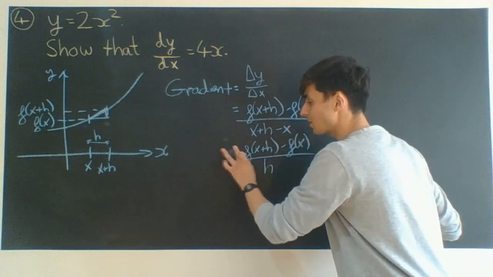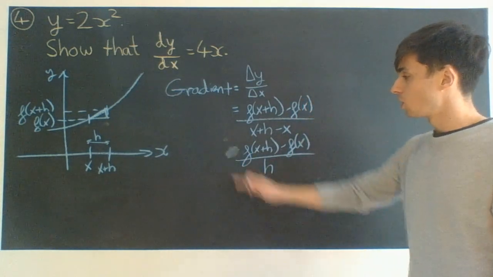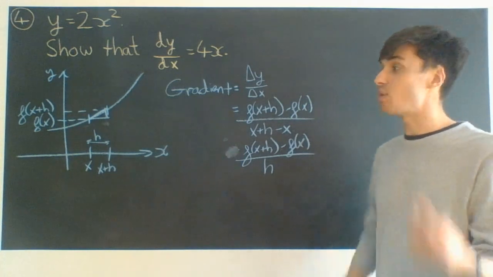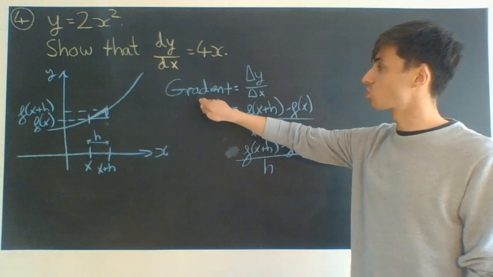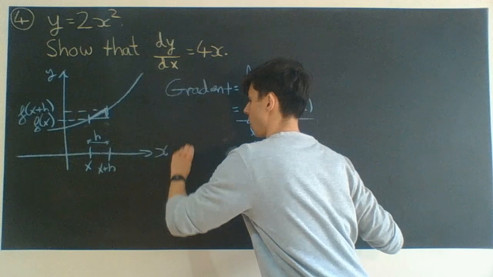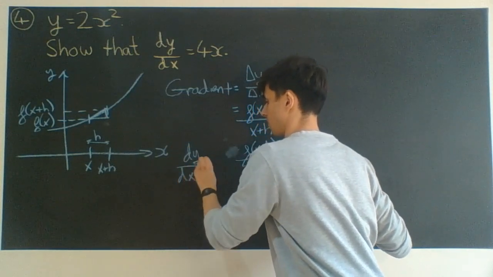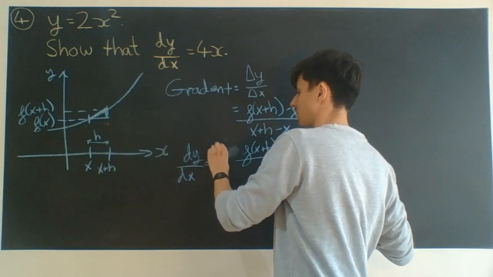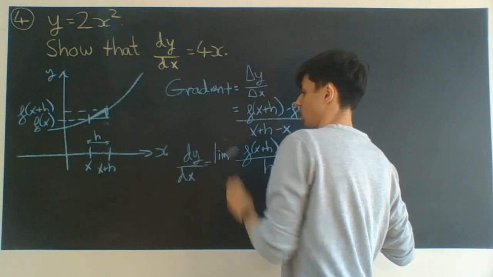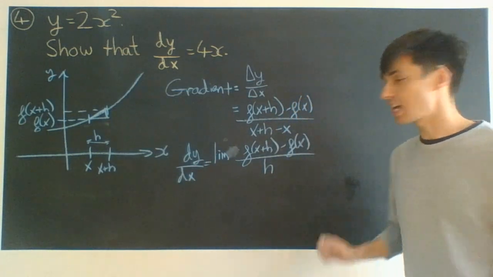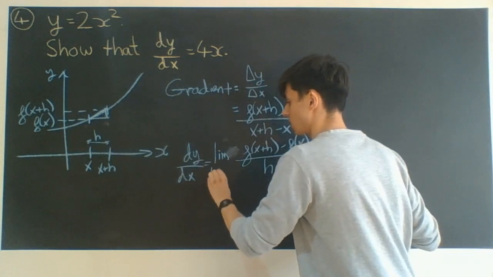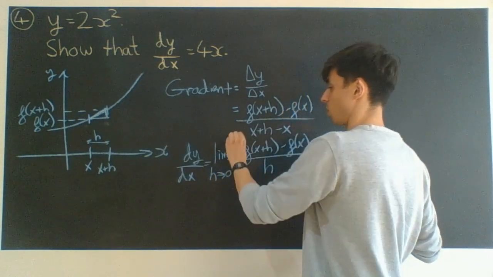So forgetting about this equals sign here, what we say is that dy dx, that's our gradient. So dy dx is the limit as h goes to 0 of this thing.